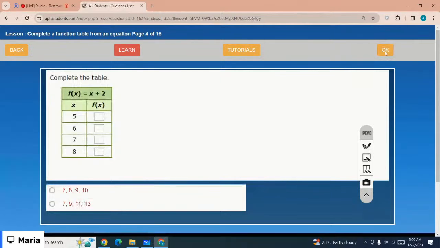Okay, the next one is complete the table. The function is f of x equals x plus 2. You have to evaluate for x equals 5, 6, 7, and 8. So which is the correct option?